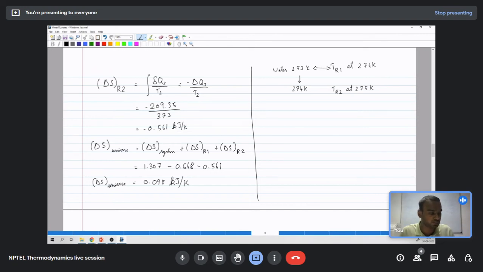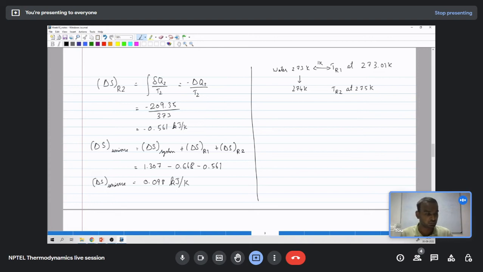Now if we have a very small temperature difference of say 1 Kelvin, the entropy generation will be much lower than in the previous cases. And similarly, instead of 273 or 274, I can also have 273.01 Kelvin. Then I should have like 10,000 reservoirs, and then I can transfer the heat.